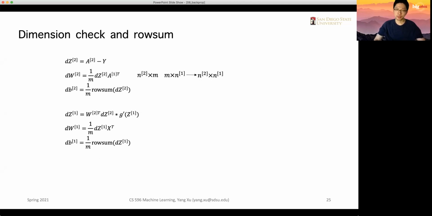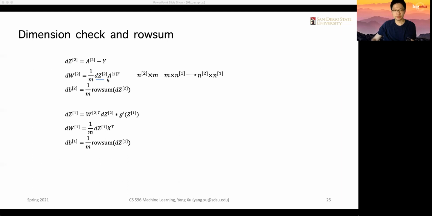When we are not sure about the dimensions, we look at the result of multiplying two matrices together to see whether the resulting matrix has the correct dimension. So for example, this is the backprop formula for m examples.